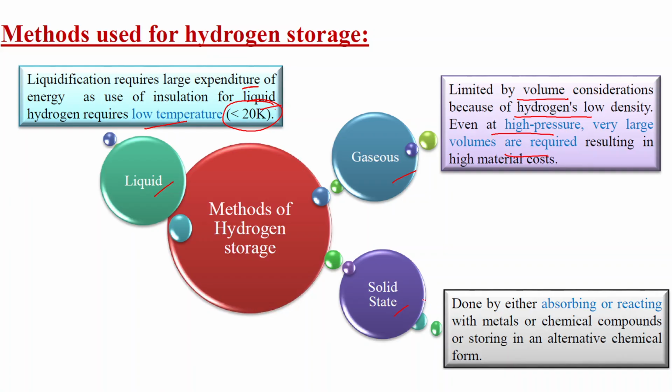So storing hydrogen in solid state is much better, done by either adsorbing or reacting with metals or chemicals. Either by absorbing the hydrogen into porous nanomaterials or by reacting it with metals forming hydrides, we can store it in solid state, or in chemical compounds, or in an alternate chemical form. Okay.